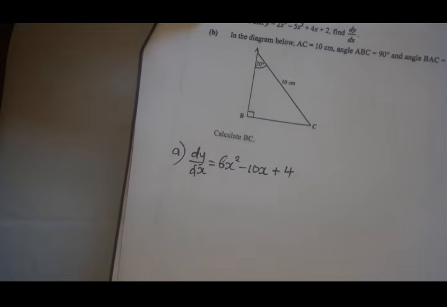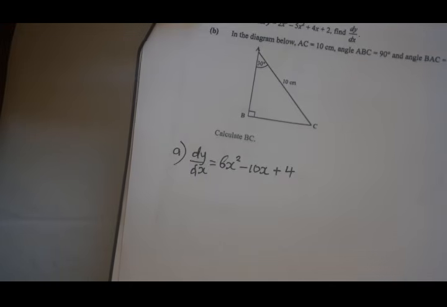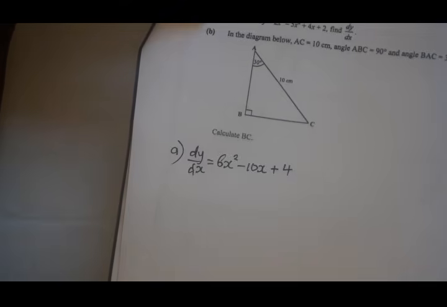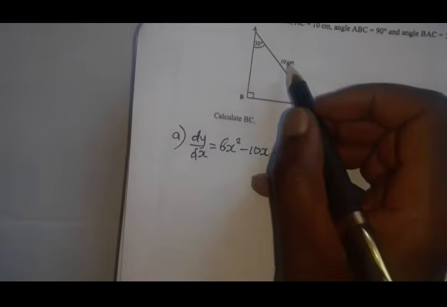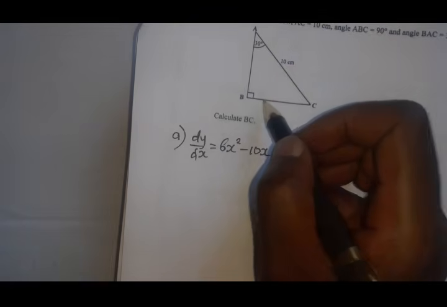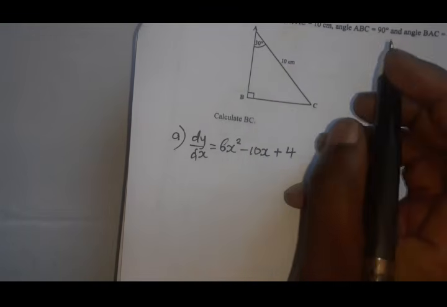So in the diagram below, that is (b), AC is given as 10 centimeters and the angle ABC is 90 degrees and angle BAC is 30 degrees. Calculate. Okay. So now here we are looking at trigonometric ratios. What we have been given here is the hypotenuse, and the side that they are looking for is the opposite.